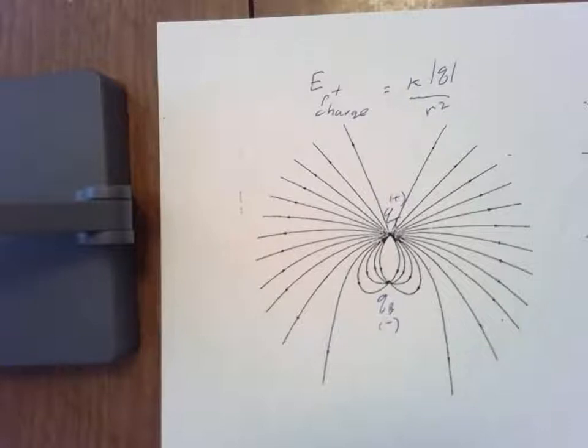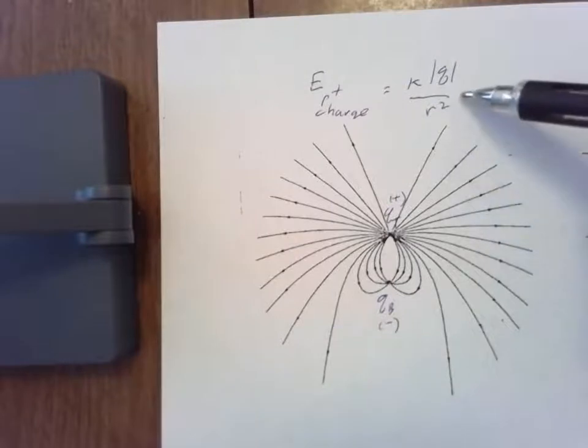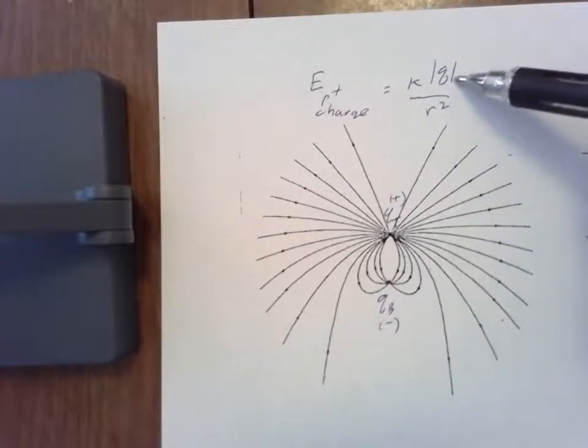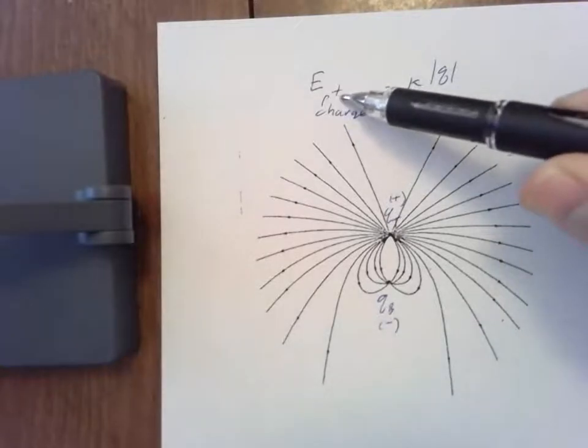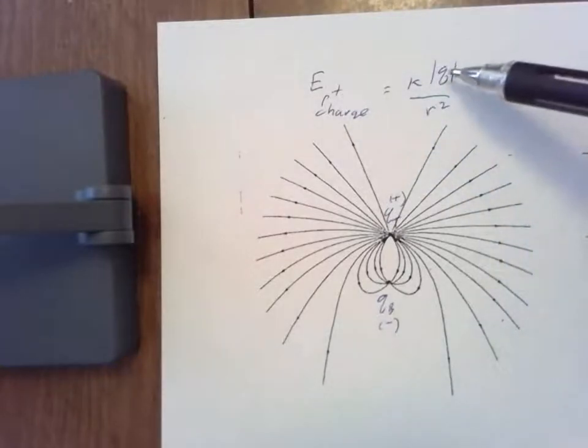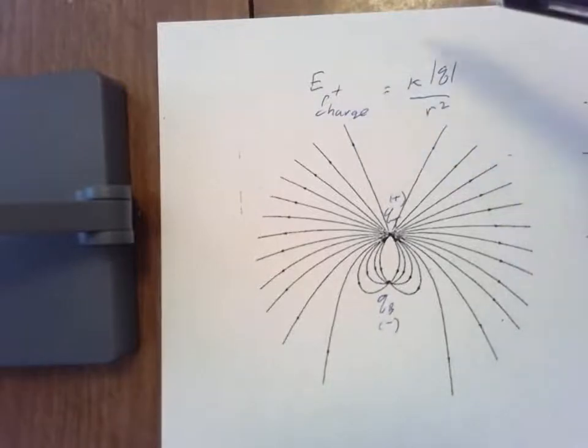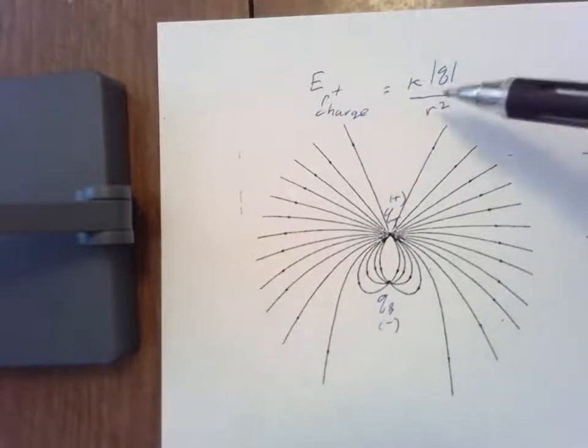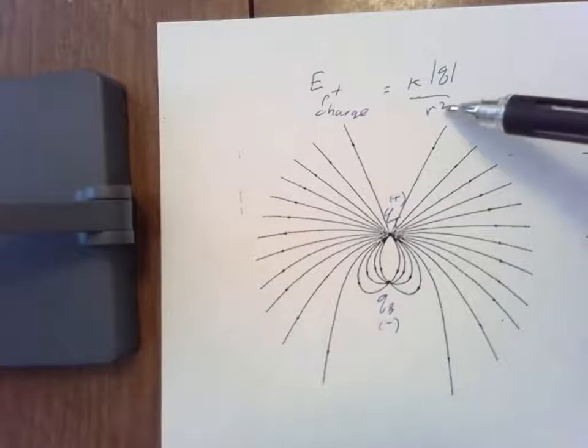So one way to figure this out, if you think about the relationship between a charge Q and its electric field E, this shows that a greater charge will make a greater electric field if we're at the same distance from that charge.